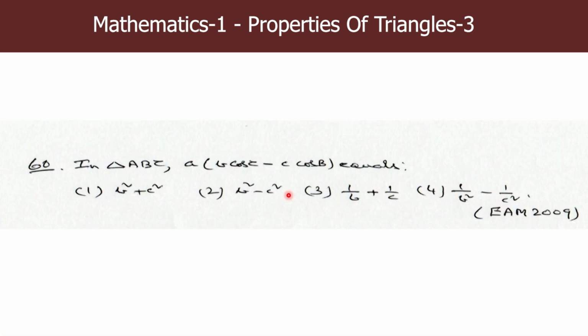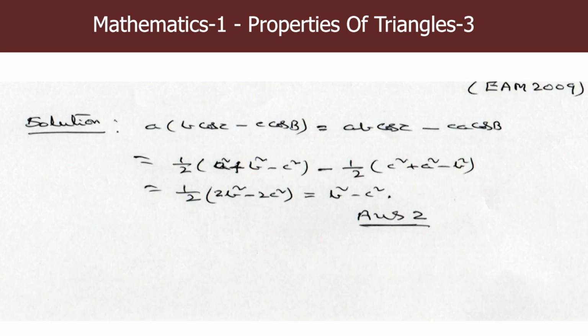In triangle ABC, a(b cos C − c cos B) equals: 1) b² + c², 2) b² − c², 3) 1/b + 1/c, 4) 1/b² − 1/c². EAPCET 2009.